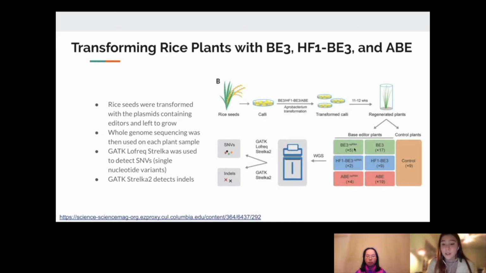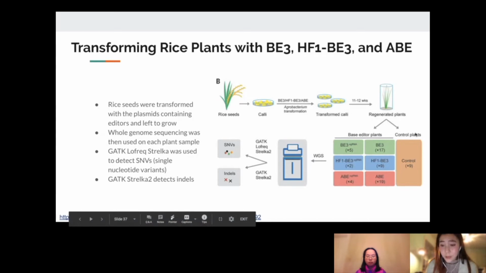The base editor plants that they had were BE3 with and without the single guide RNA, high fidelity BE3 with and without the guide RNA, as well as ABE with and without the guide RNA. They also had many control plants that were not transformed with anything.